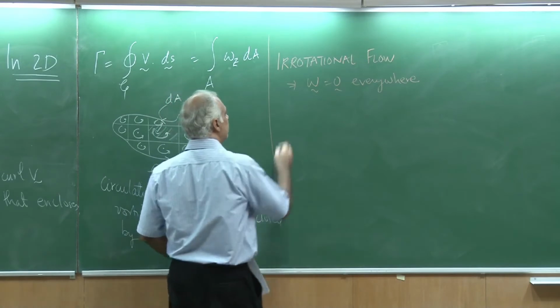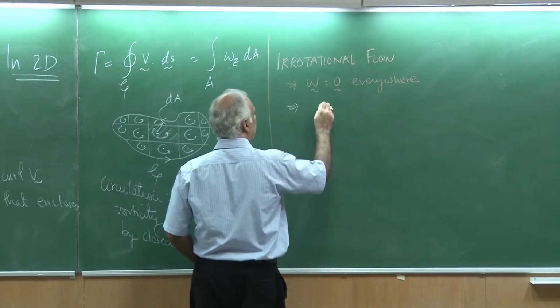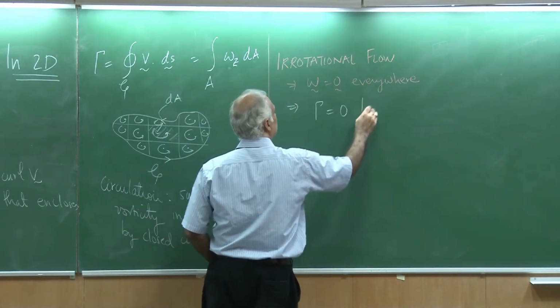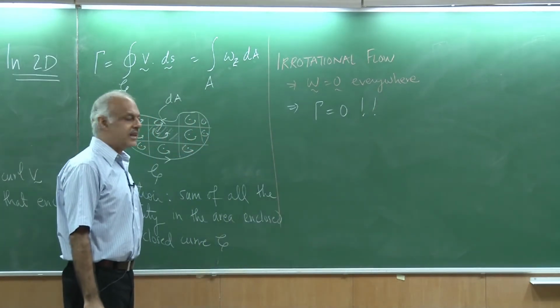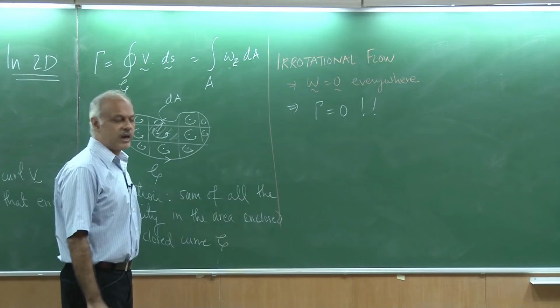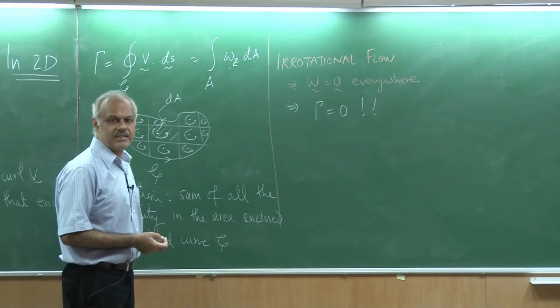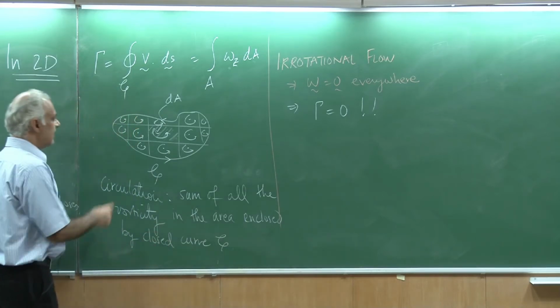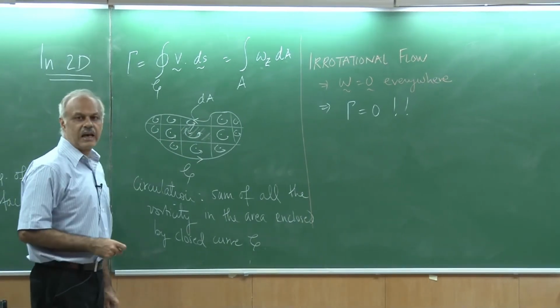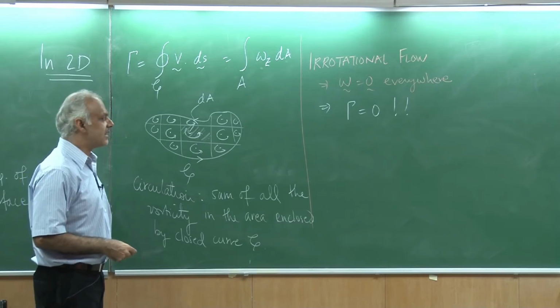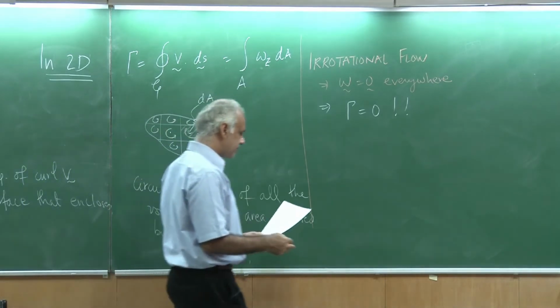So, this actually implies that my gamma is 0. So, if gamma is 0, then I have an irrotational flow. So, I have 2 ways of checking irrotationality. Either I could check omega is 0 everywhere, or I can simply check if gamma is 0 through the line integral. They are synonymous statements.